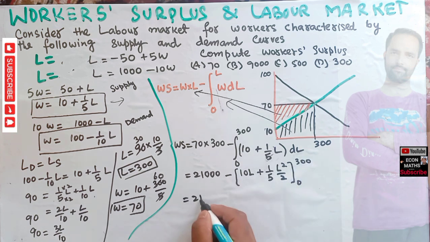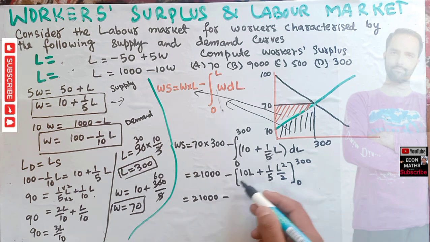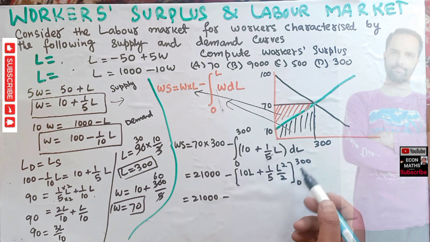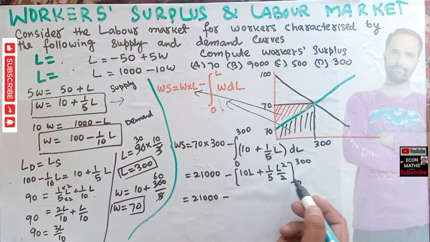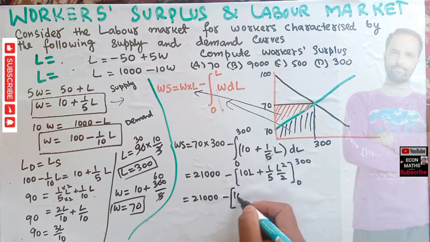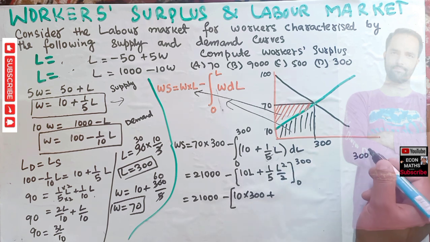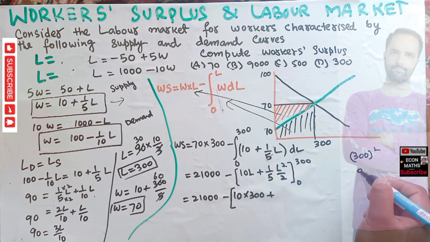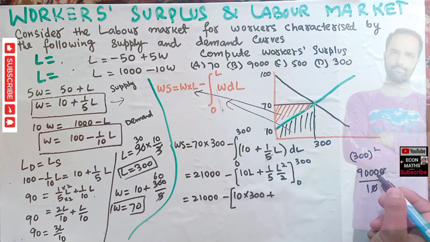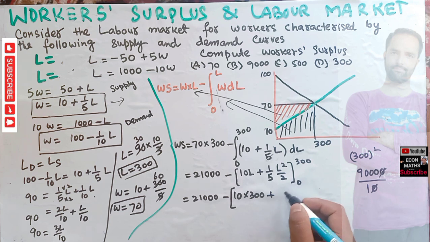So we have 21,000 minus, now evaluate the integral first at the upper limit, then at the lower limit. We have 10 times the upper limit 300, plus L square, which means 300 squared. 300 squared is 90,000, divided by 5 times 2, which is 10. I got 9,000 here.